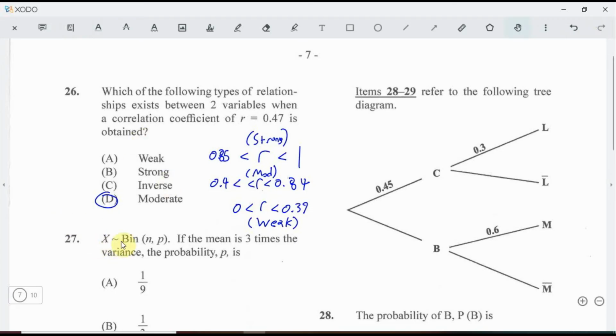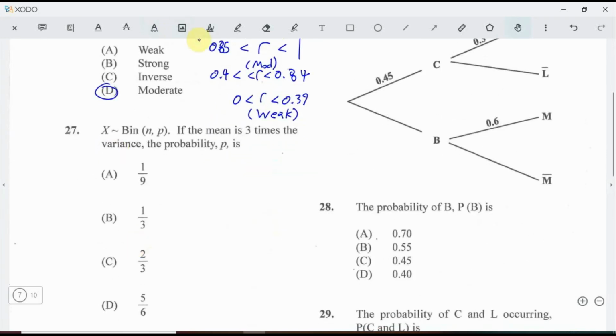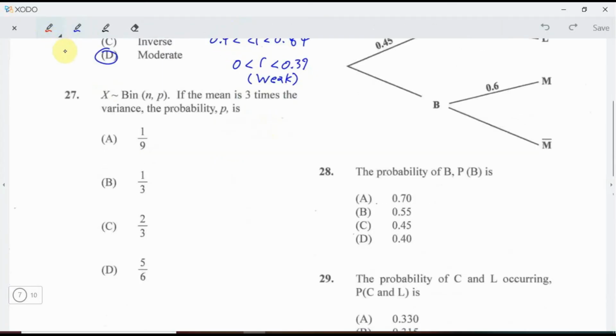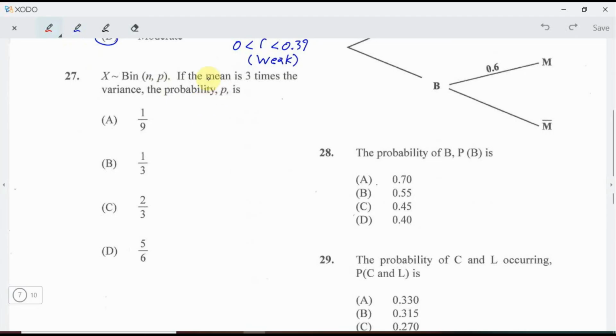Now, number 27: X follows a binomial distribution with parameters N and P. If the mean is 3 times the variance, the probability P is... So let's go ahead and have a look at it. Remember for a binomial distribution, the mean E of X is found by N times P. And they say the mean is 3 times the variance.